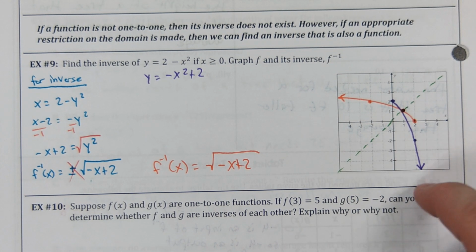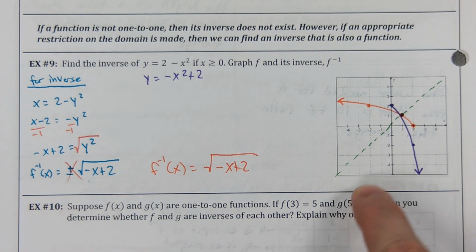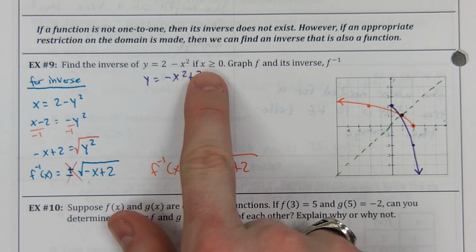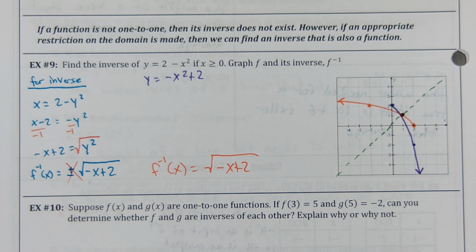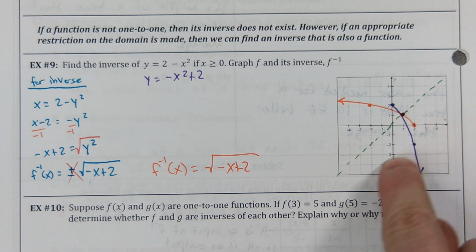It still points down because it's a U-shaped graph, but the negative radical is the reflection of the left side of the quadratic. And the reason why is because if you said its domain was x is less than or equal to 0, that means the range of the inverse is y is less than or equal to 0. It would have been this quadratic where you're under the x-axis.